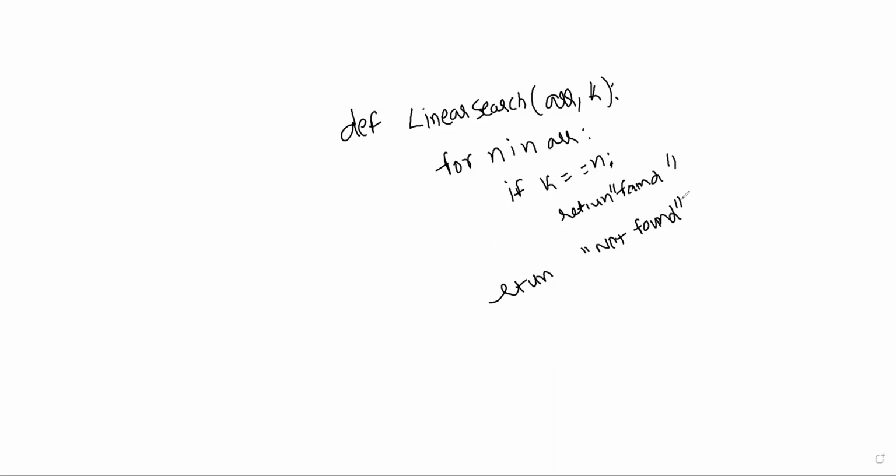Yes, sir. Hello. Yes, Arvind, go ahead. Yeah. Because the array element which is being passed as a parameter is a dynamic variable, and the length of it could be anything, but k is an element we are trying to search within that array, and that is a fixed variable.